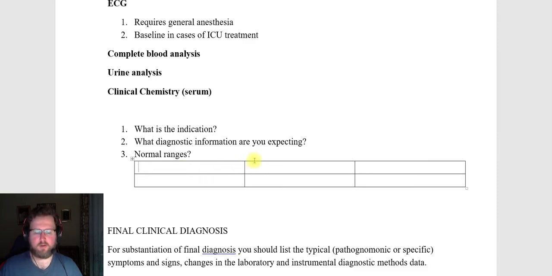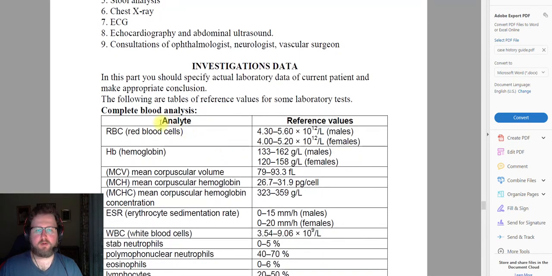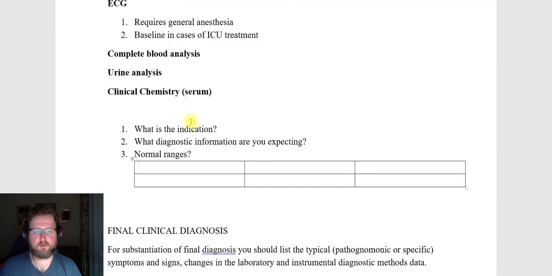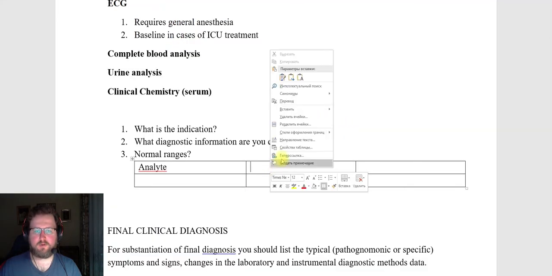In column 1 you write down the analyte, what exactly you are about to investigate. In column 2 you write reference values.